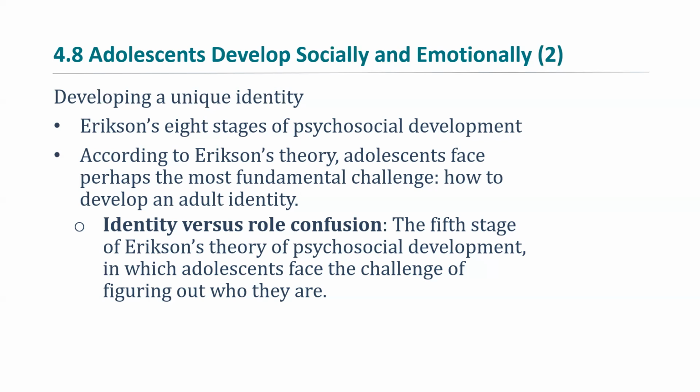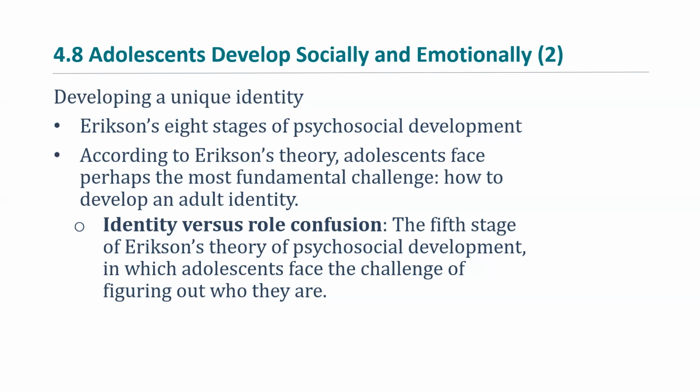And this once again points to the task, what he called a crisis, of trying to figure out who you are. In order to do so, adolescents engage in a lot of role experimentation during adolescence in order to sort through conflicting values and ideas of who they should be and what they should think.